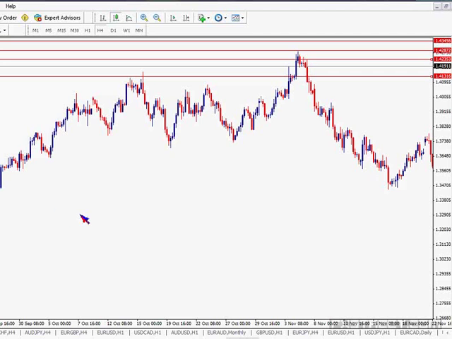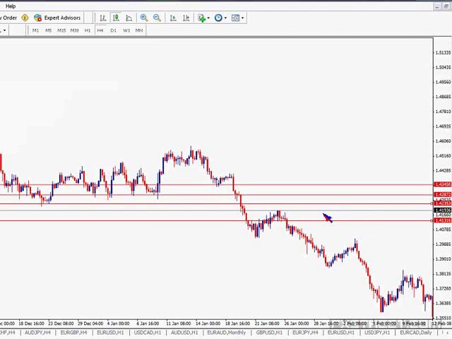The pair has been acting around those levels, and some are stronger, some are weaker maybe, but that's how we can determine support and resistance areas. Remember, 3 to the upside, 3 to the downside, in between 30 and 50 pips from current price, and it will of course be related to the intraday bond.